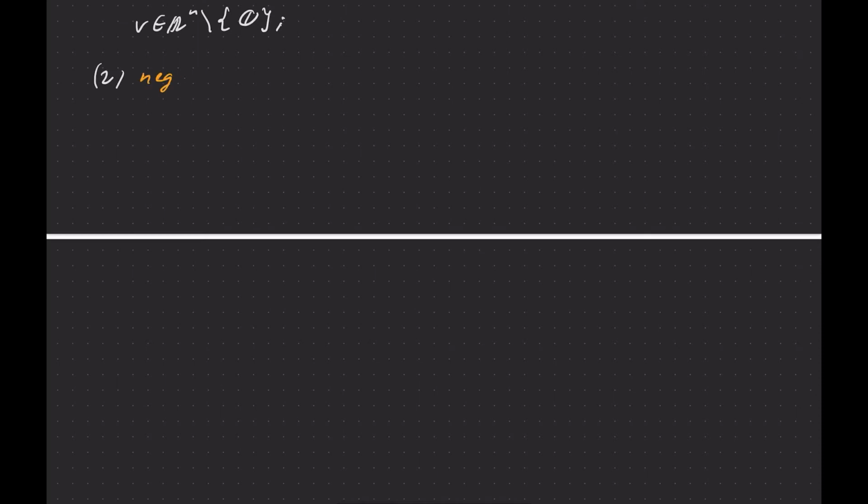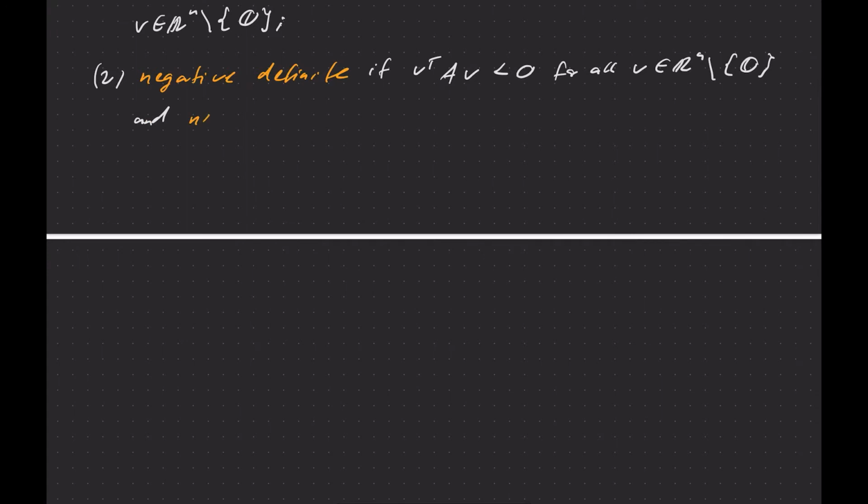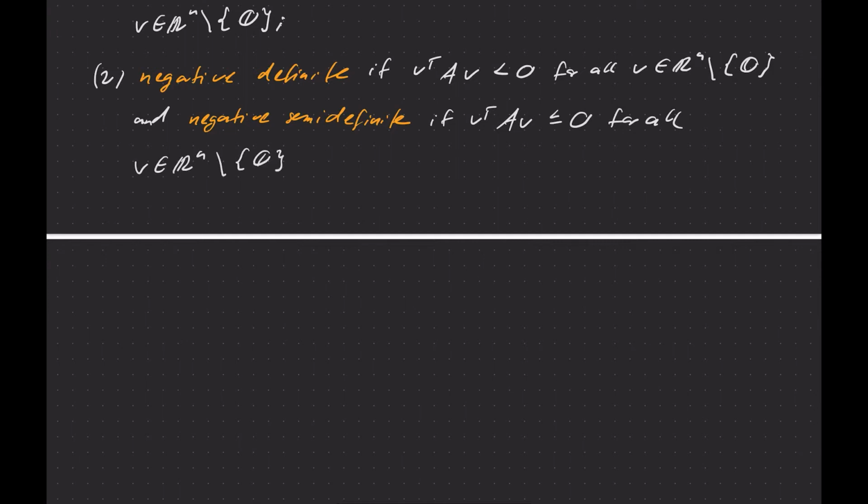So the matrix is called negative definite if V transposed AV is strictly less than 0 for all V in R to the n, with the exception of the 0 vector, and negative semi-definite if V transposed AV is less or equal to 0 for all V in R to the n, with the exception of the 0 vector.